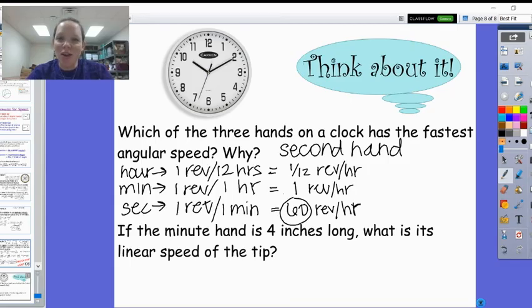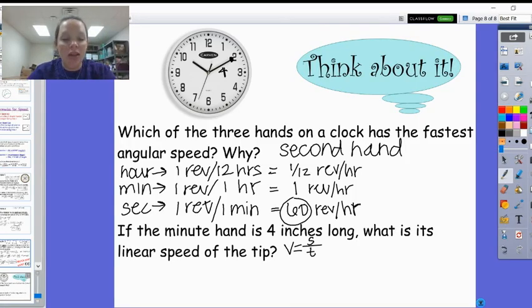Okay, and then the next thought question is, if your minute hand right here is 4 inches long, how fast is the linear speed of this tip of the minute hand right there? How fast is it going around the circle? So this one I'm looking for the linear speed, where v equals s over t.